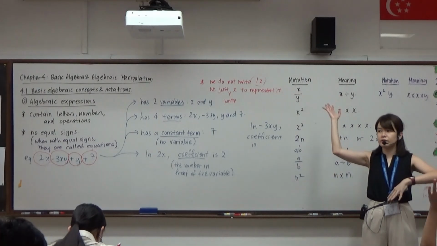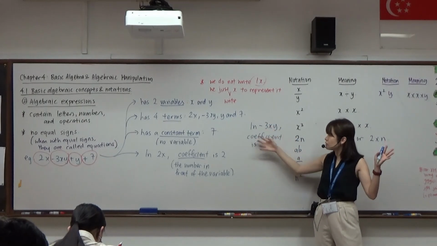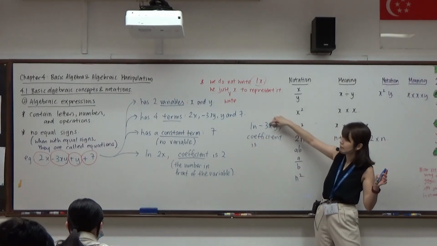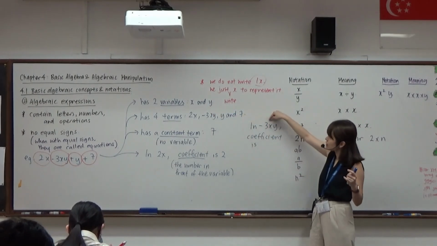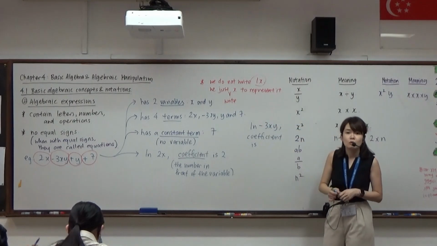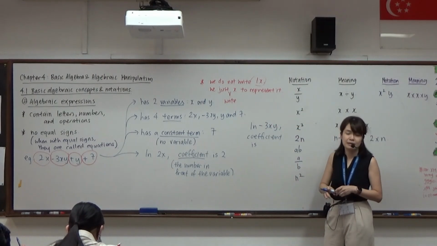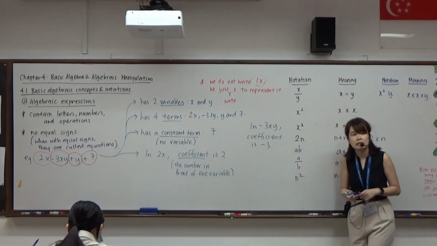Who is not sure still? Okay, don't worry. We start to identify patterns. So coefficient is the number in front of the variables. X and y are what we call variables. The number in front is negative 3 because there's a negative sign over here. We have learned that negative numbers are numbers as well. So the coefficient is negative 3.